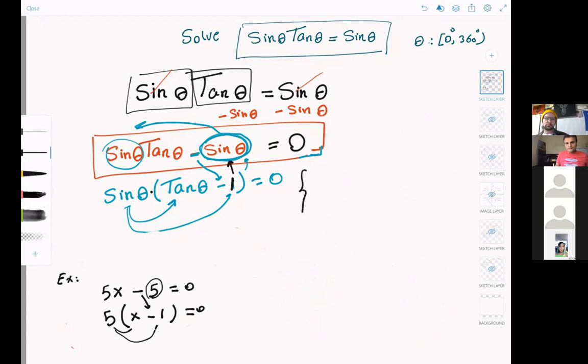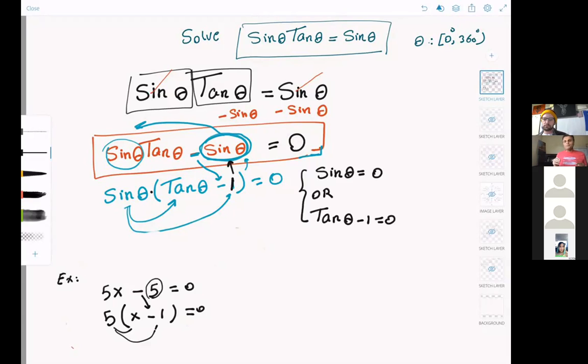What this means is sine of theta equal to 0, or tangent of theta minus 1 equal to 0.